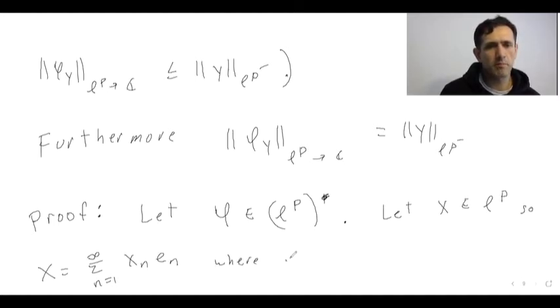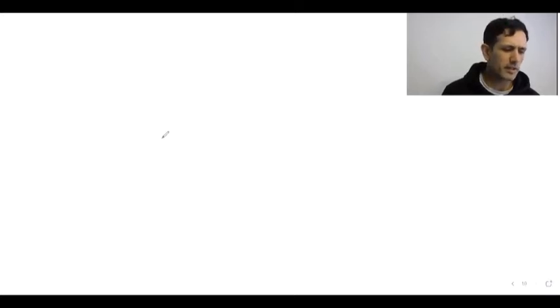So just to make sure we're all on the same page, e_n is going to be all zeros except at the nth spot. Okay, so I claim that this sum converges in little lp.